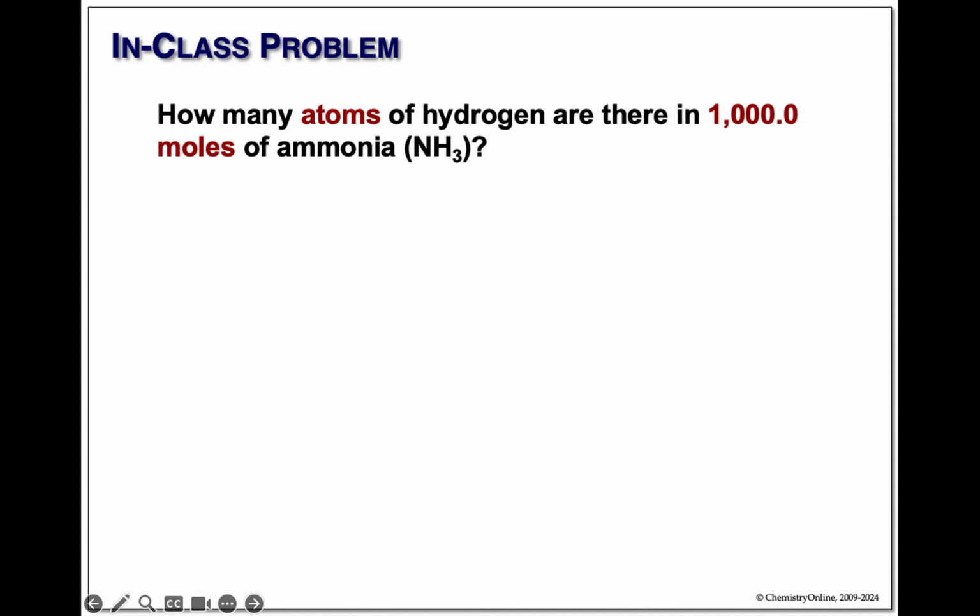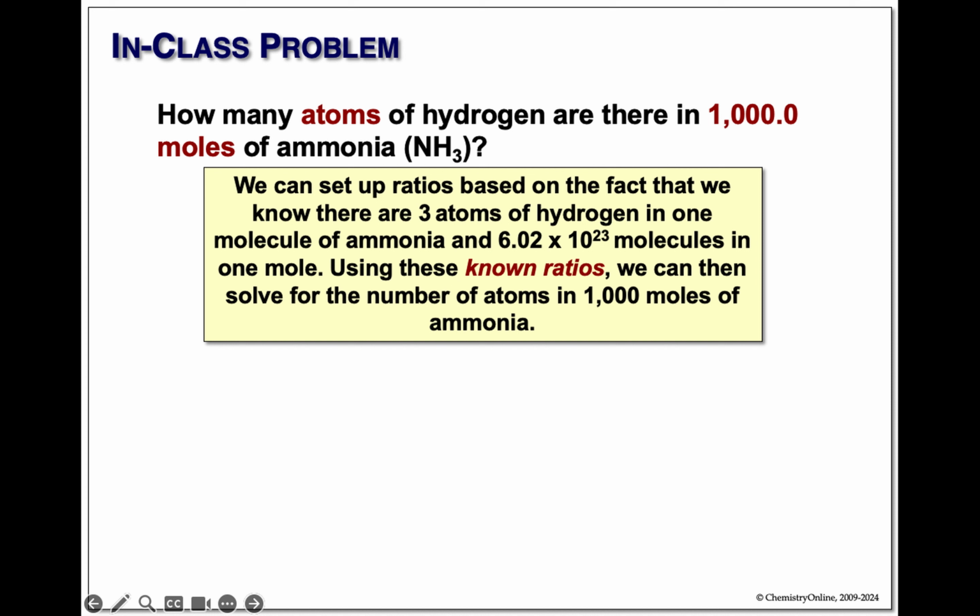Well, we know there are 6 times 10 to the 23rd molecules in a mole. That's good. We also know that in every molecule of ammonia, there are 3 hydrogens. That's the mole ratio. 3 hydrogens for every ammonia, 3 to 1.